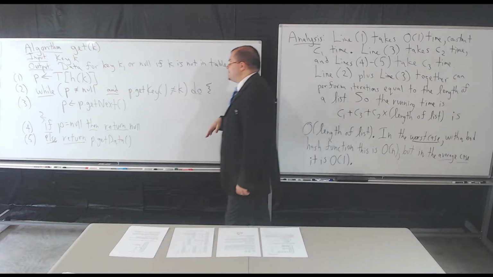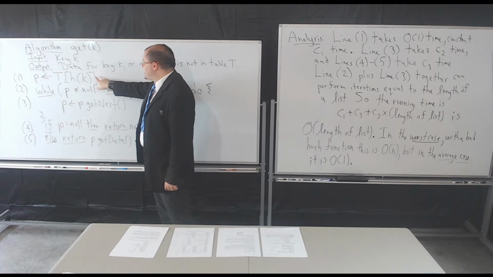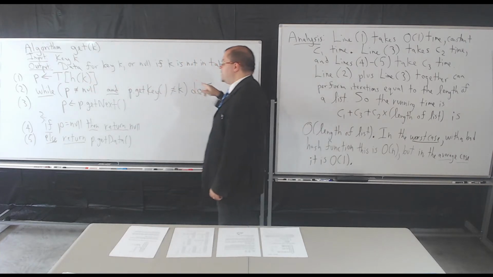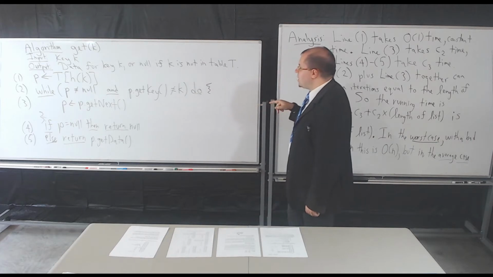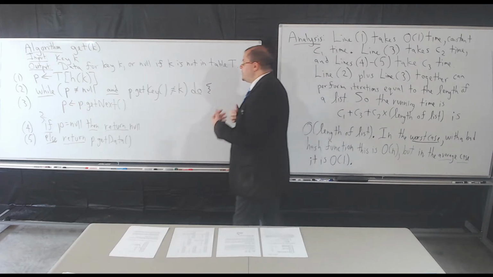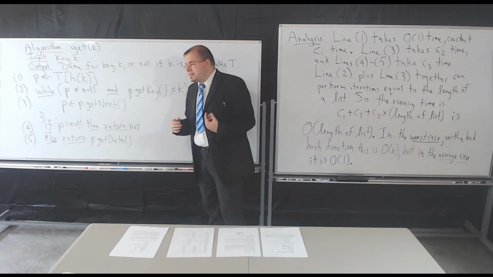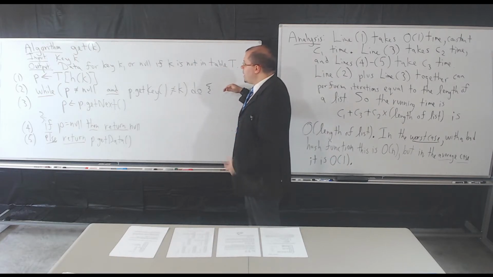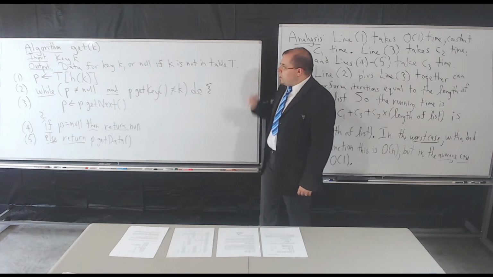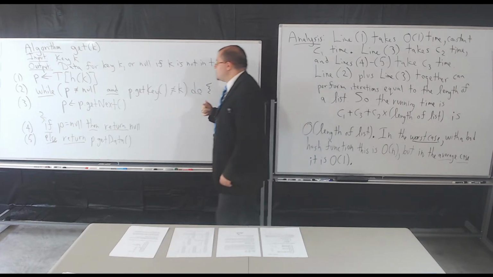Remember, same idea. I get the hash function's output, so I'm going to hash into the table. I get a reference to the head of a linked list, and then I perform a while loop over that. I just simply go over each possible P here.